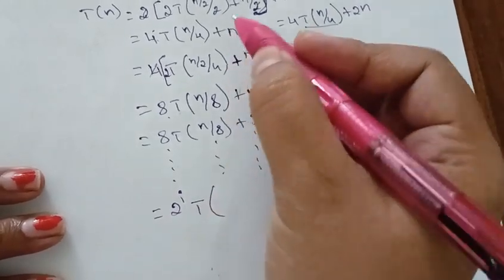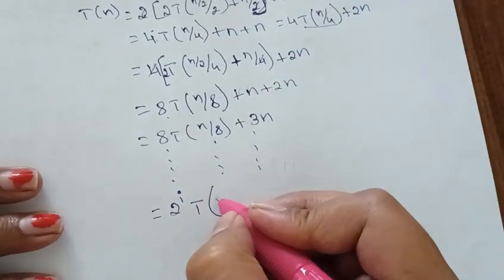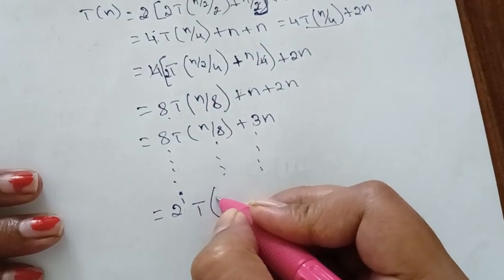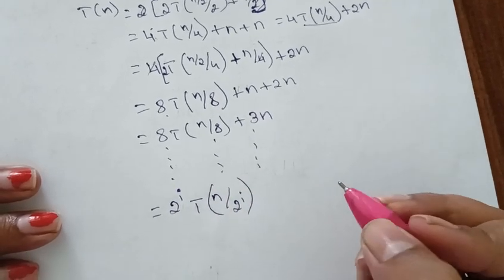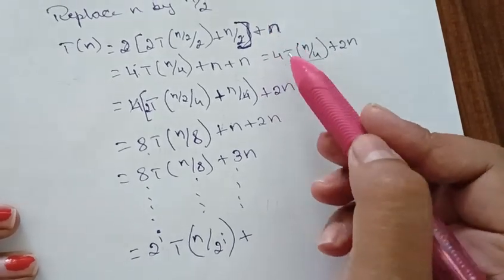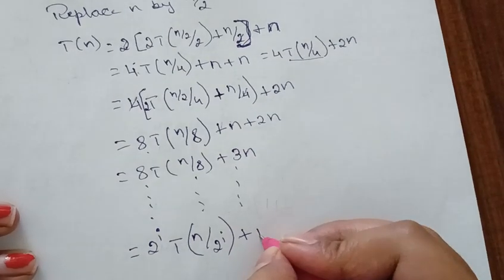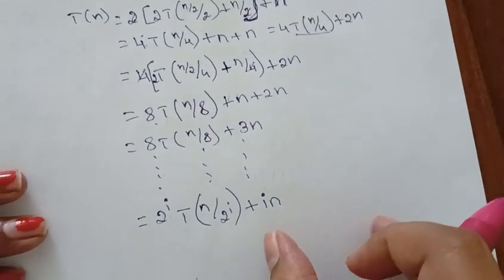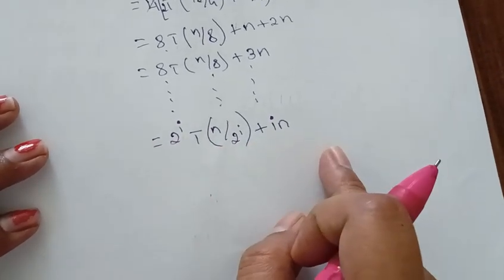Same here also. First I had 2 n by 2, then n by 4, n by 8. That is t of n divided by 2 power i plus here 1n, 2n, 3n, 4, 5, 6, like that it will be going i n. So this is how I'll get.